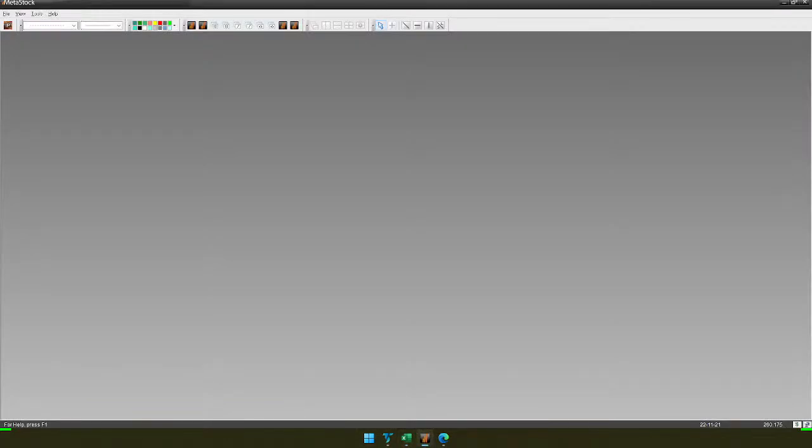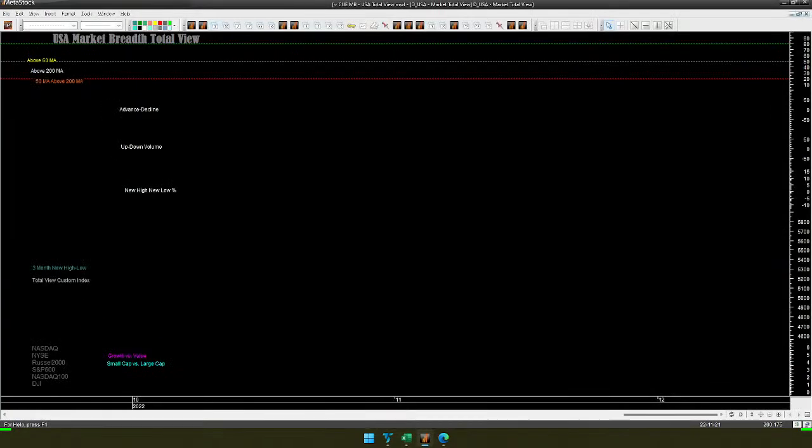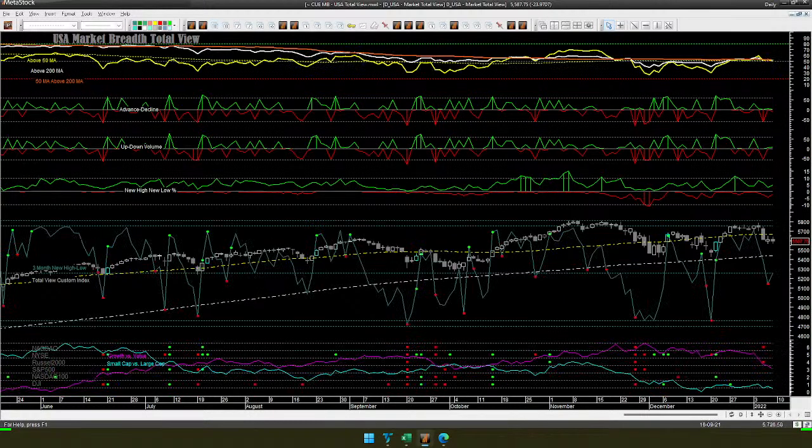Now, very quickly, let's look at the market risk total view. Any signal from there? Let's look at the percentage of stocks above 50 MA for the market risk total view, which is calculated from the two composites and four major indices: Nasdaq, NYSE composites, and Russell 2000, S&P 500, Nasdaq 100, Dow Jones Industrial.